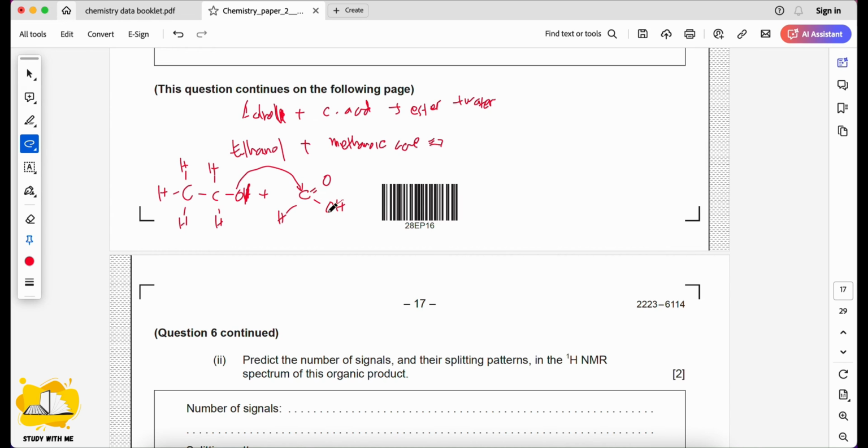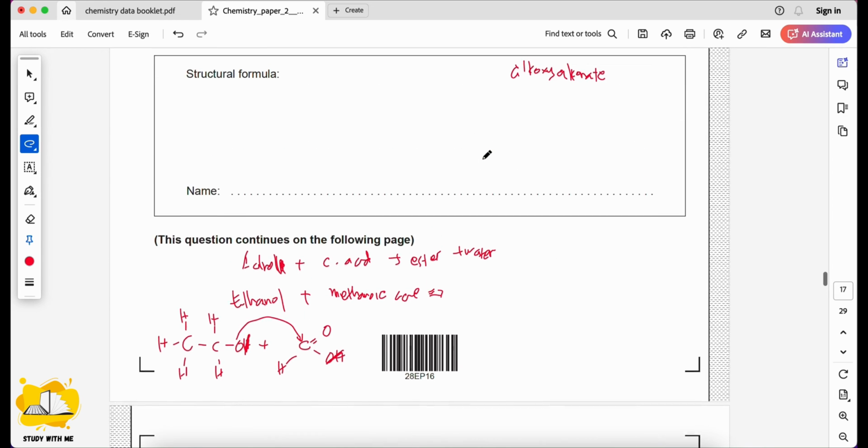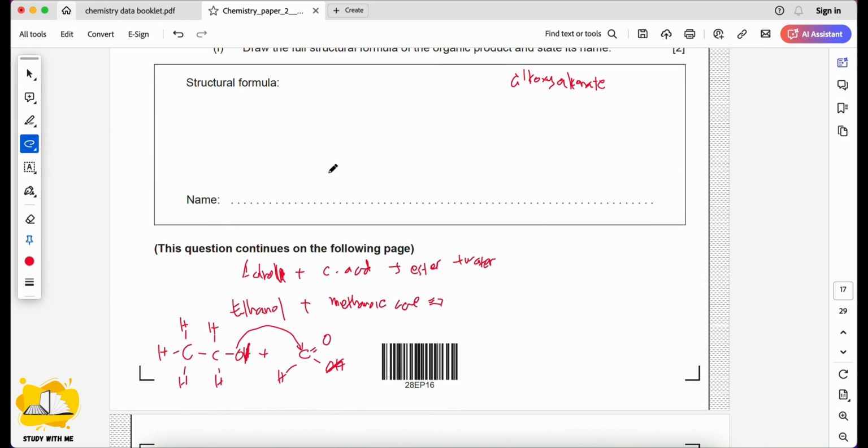And then OH also will be eliminated. So it will produce the formula, which is CH3 from ethanol, and C bonded with O, so CO, and C from here, double bond O and H.